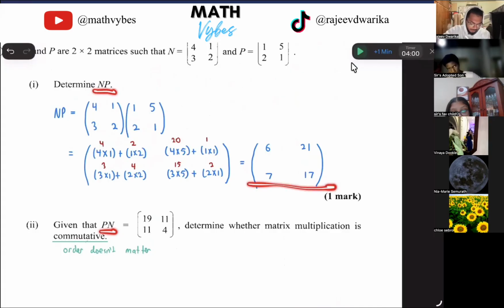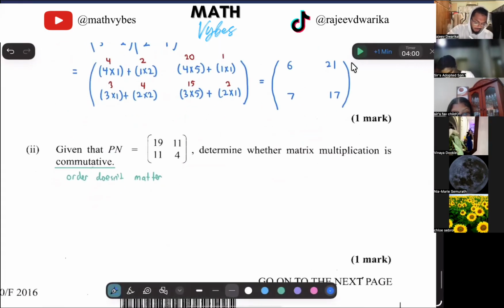Did both of them give me the same answer? No. So to answer this question, you would say PN was not equal to NP, therefore matrix multiplication is not commutative.